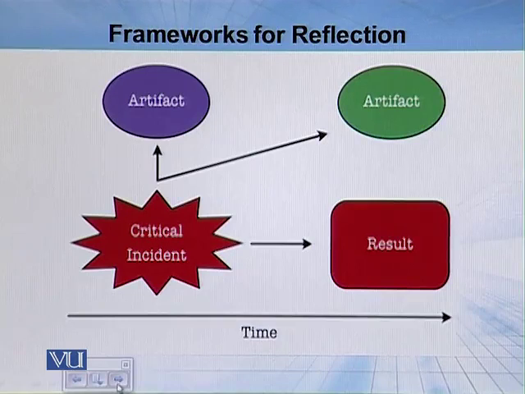And the most important thing is that over time, the critical incident leads to some action point. Time here can be short, it can be extended, depending on whether the incident is a one-off or whether the incident is a recurring process that we're experiencing.